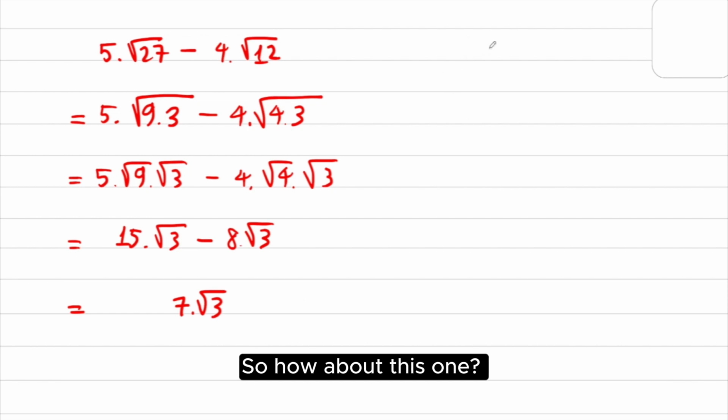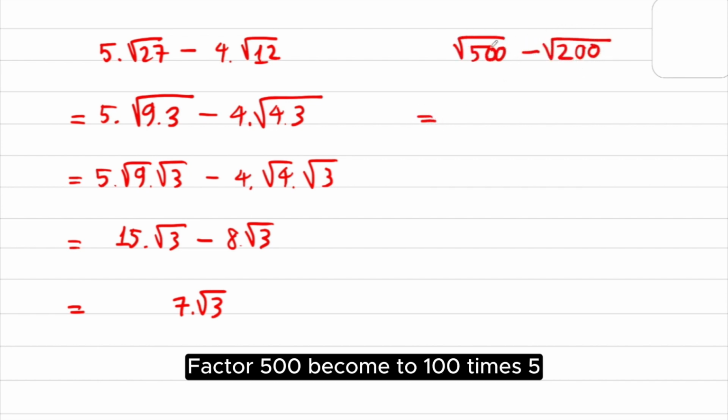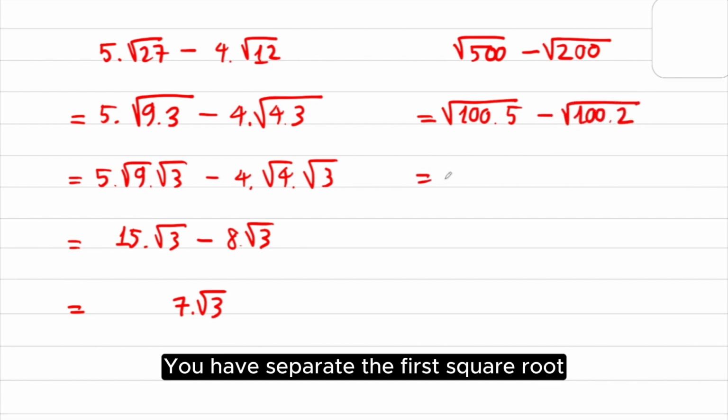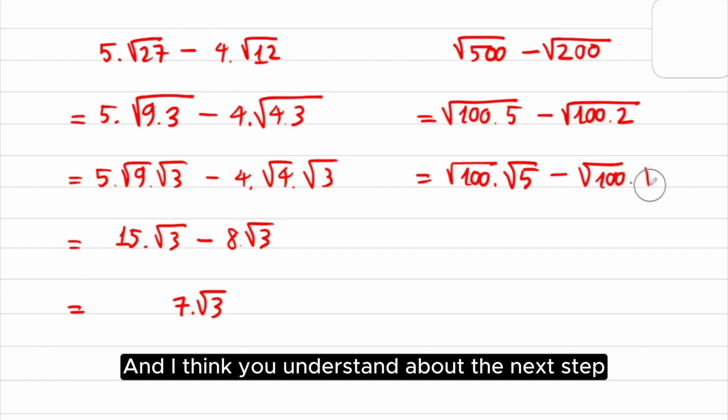So how about this one? Square root 500 minus square root 200. Okay, factor 500 into 100 times 5, and factor 200 into 100 times 2. Then you separate the first square root and the second square root, and I think you understand the next step.